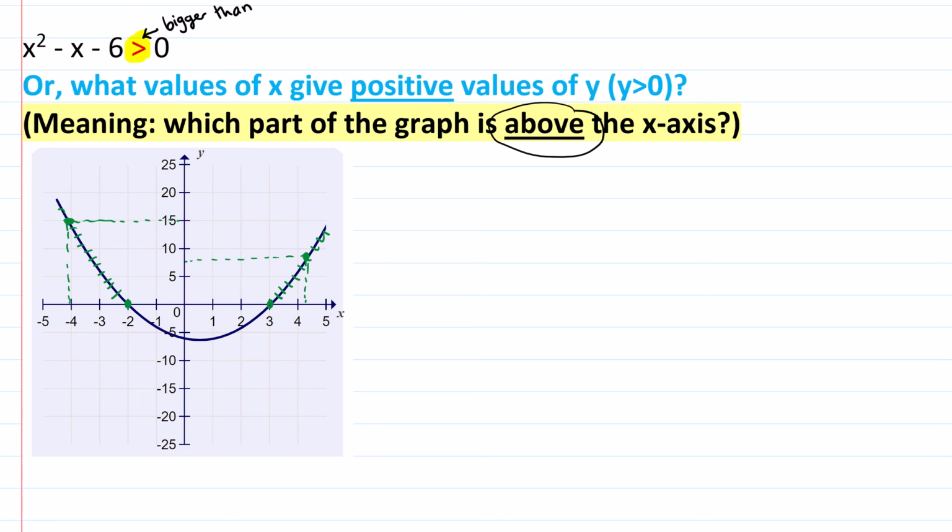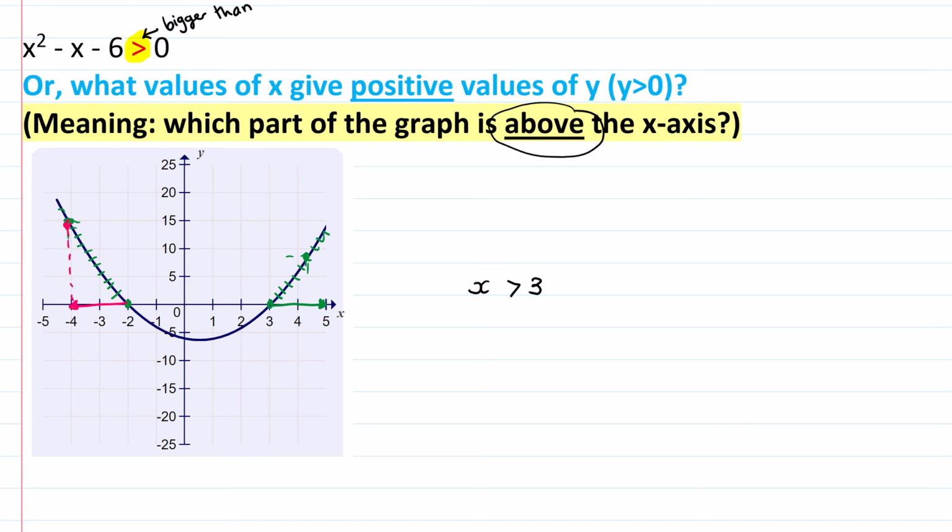So there are two separate sections on the graph, and therefore I'm going to write this in two separate inequalities. Firstly, any value bigger than x equals 3 is going to give us positive values for y. So x has to be bigger than 3 for us to get positive values for y. But I'm moving in this direction.